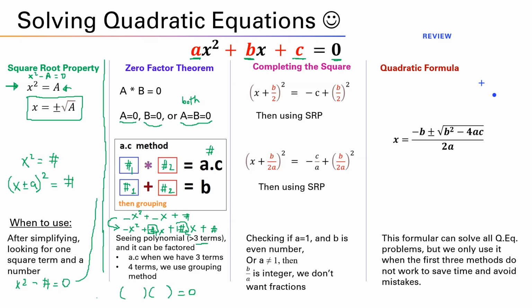For completing the square, to make it easy, we have to check if a equals 1 and b is an even number. If a equals 1 and b is even, you can use this formula to rewrite the problem.